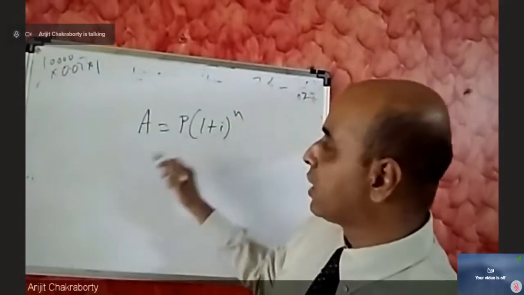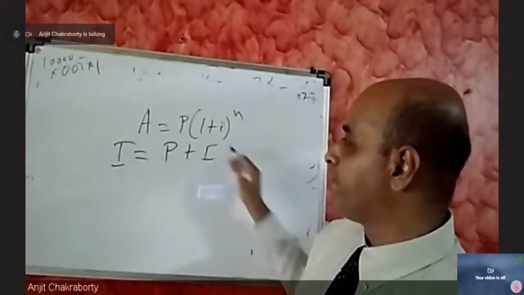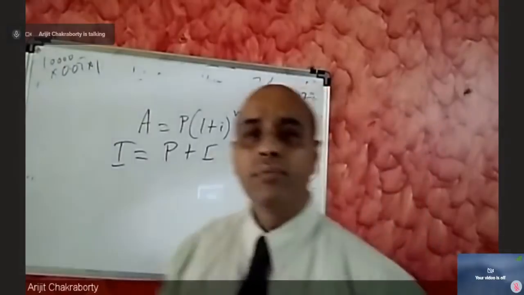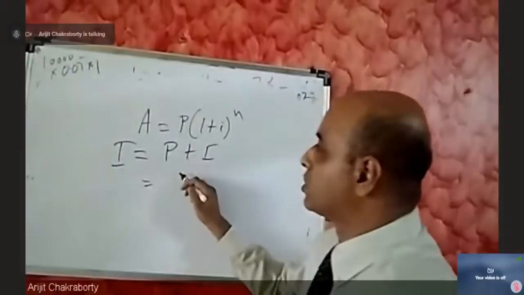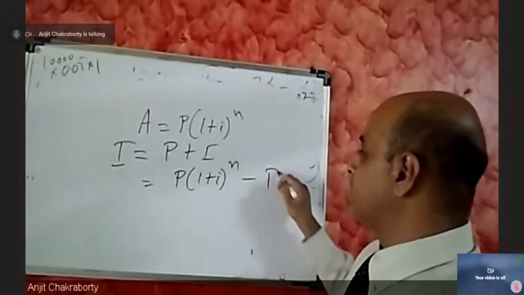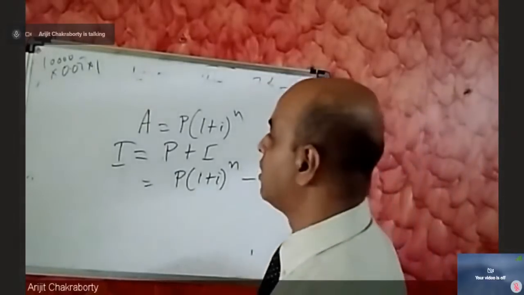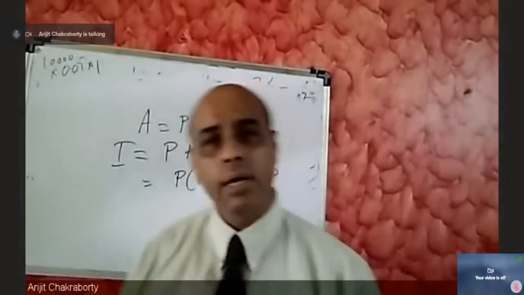So from here you can understand amount is P plus I. Okay, so from here we can get the basic idea that interest will be equal to P into 1 plus I to the power n minus P. That gives you the interest part, right? So this is the formula for compound interest.